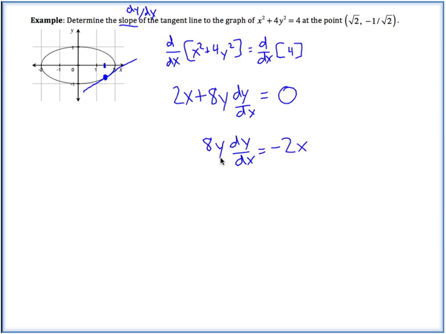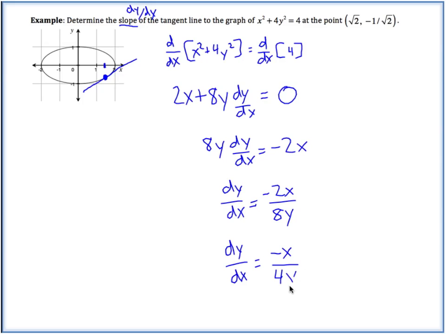And then we're going to divide by 8y. Then we're going to simplify. And here is our derivative.